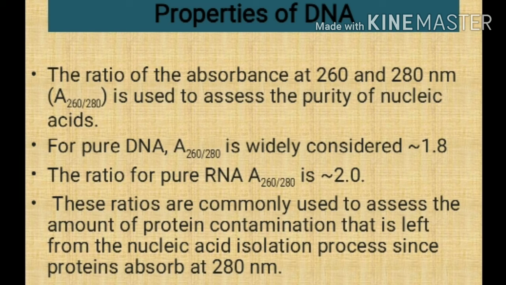The A260 by A280 ratio should be equal to 1.8. If it is 1.7 or 1.8, it is pure DNA. So this ratio is used to determine whether the isolated DNA from cells is pure or impure, contaminated with protein or phenol.